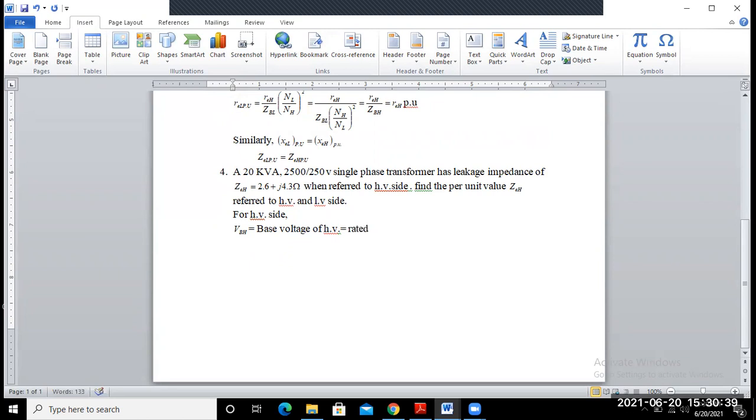The rated voltage of the HV side is given as 2500 volt.